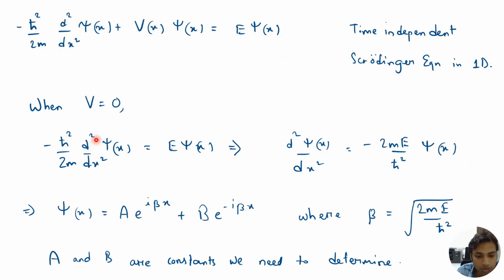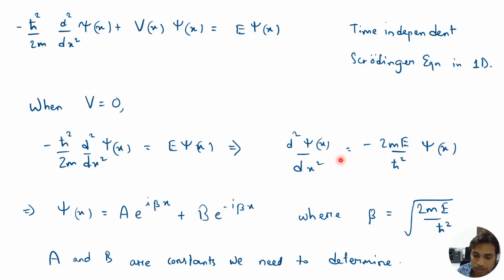From this equation we put V equal to 0, and we are left with minus h bar squared over 2m times the double derivative of the wave function with respect to x, equal to E psi of x. Taking everything to the right hand side, d2 psi over dx squared is equal to minus 2mE by h bar squared, and you have to think of 2mE by h bar squared as a positive quantity.